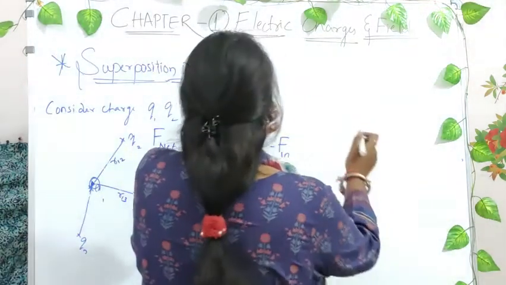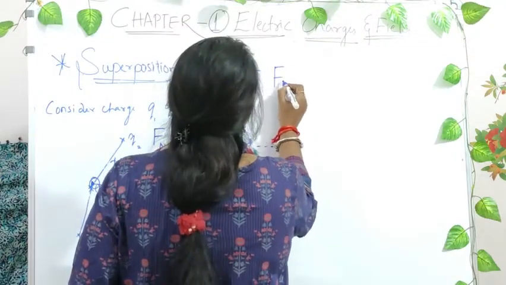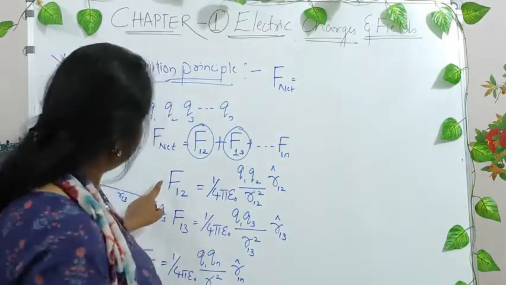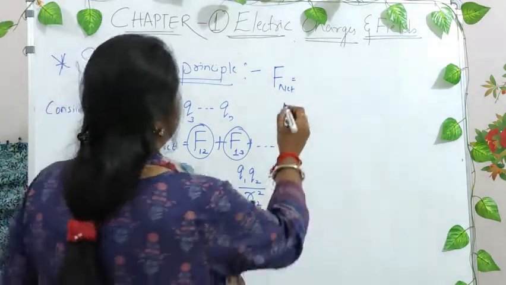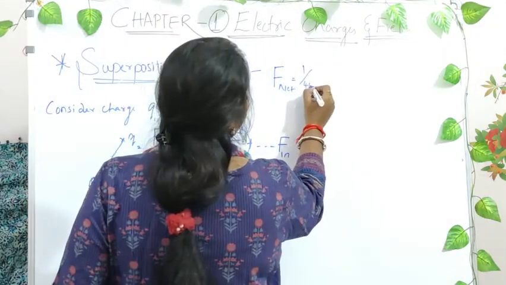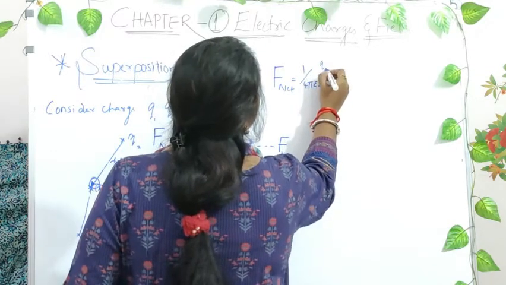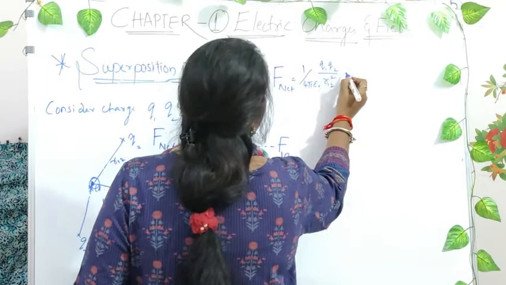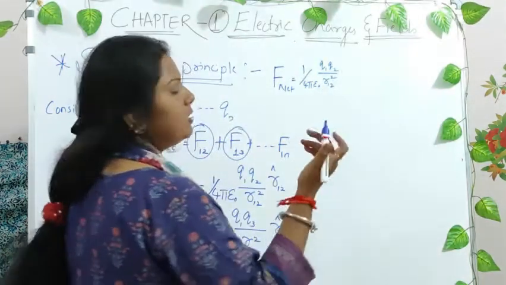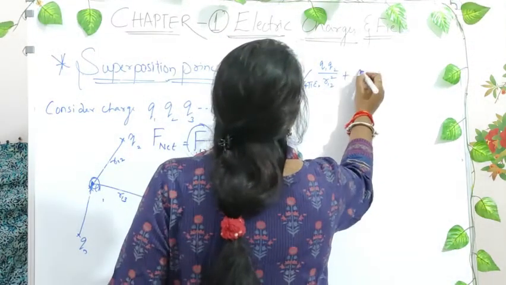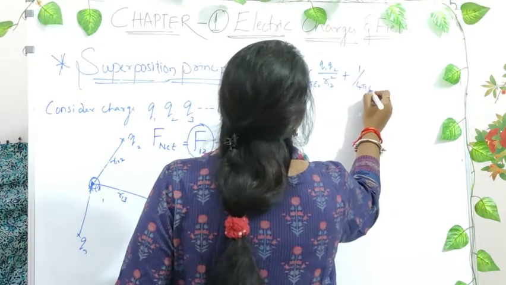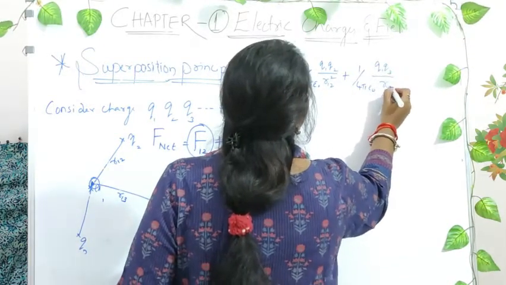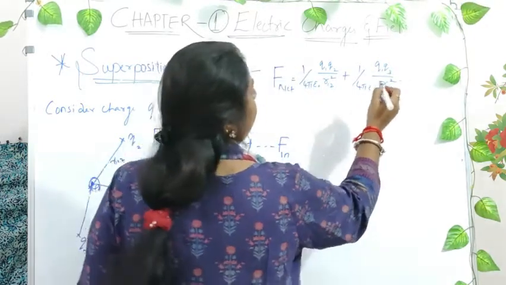Now the net force can be written as, you add all these: 1 divided by 4 pi epsilon naught Q1 Q2 divided by R12 whole square, right? The directional vector is written later. Plus 1 divided by 4 pi epsilon naught Q1 Q3 divided by R13 whole square, right?